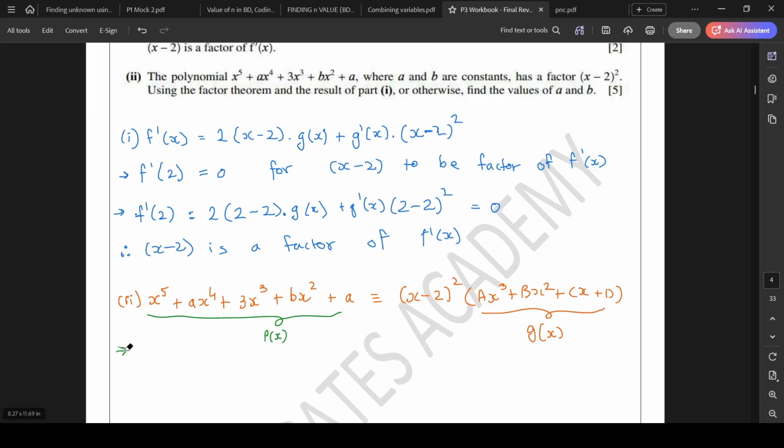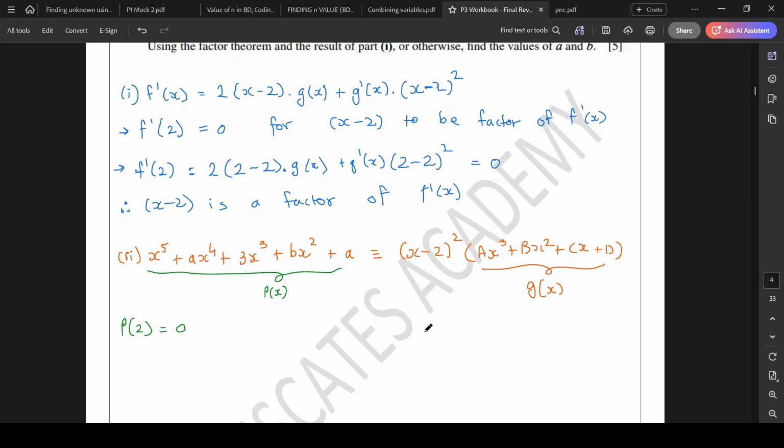Now, what can you say? p of 2 should be equal to 0, and p dash of 2 should also be equal to 0, because x minus 2 is a factor of both the normal polynomial and also the derivative of the polynomial.